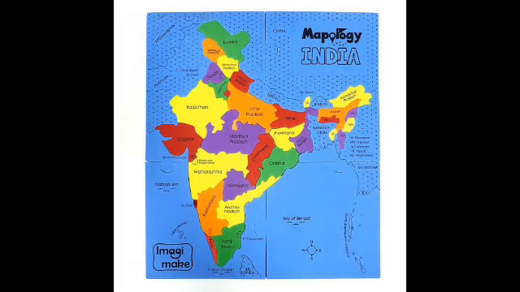Children, we know that a map is a visual representation of an entire area or a part of an area, typically represented on a flat surface.